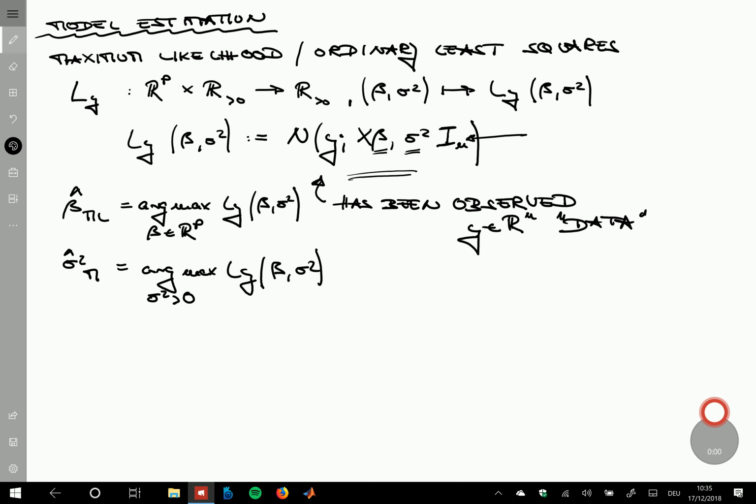And once you found values of the parameters beta and sigma square that maximize this function, you call these maximum likelihood estimates. That's basically the idea of maximum likelihood estimation here in the specific context of the GLM.